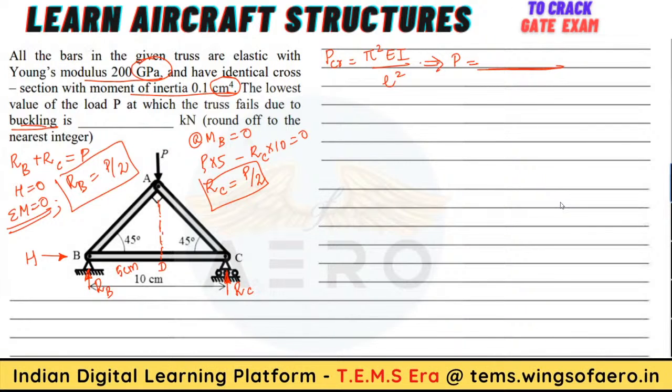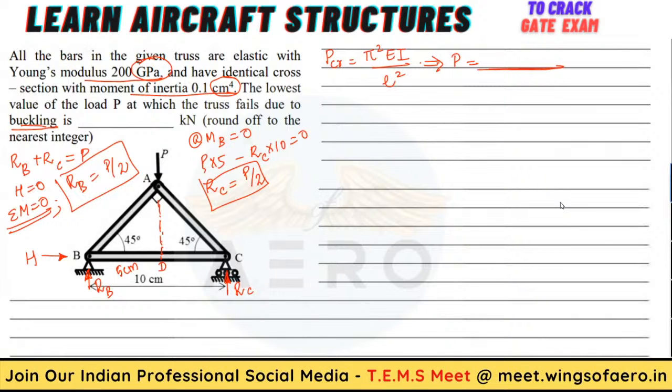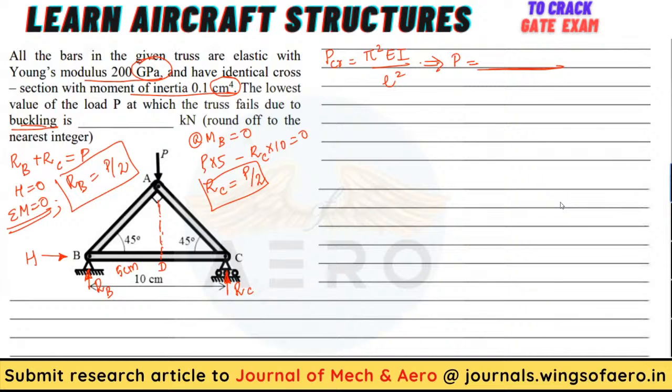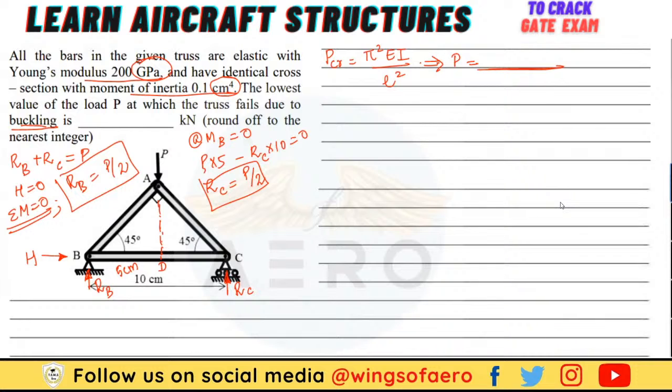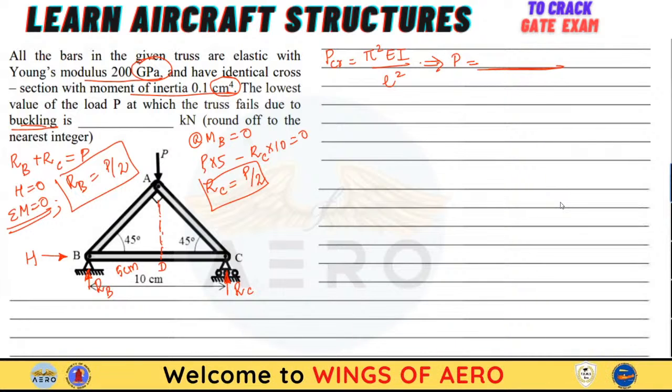Ma'am, should I tell all the forces RAB, RBC, and RAC? No, first of all, which joint will you take? Ma'am, I took point B. Okay, you can take either point B or C. First process is that either you can take point B or C.